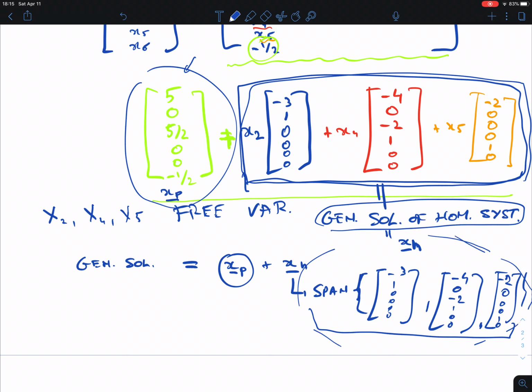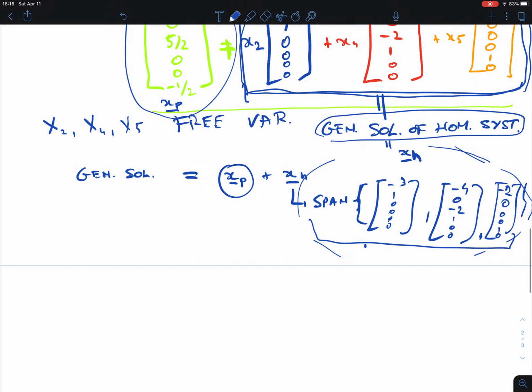Okay, so that's basically repeating what we did last time. And so what we're saying is we get this subspace, which consists of the general solution of that homogeneous system of equations. And in that subspace, we have all these vectors sitting.